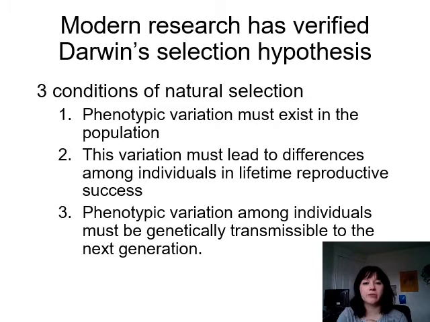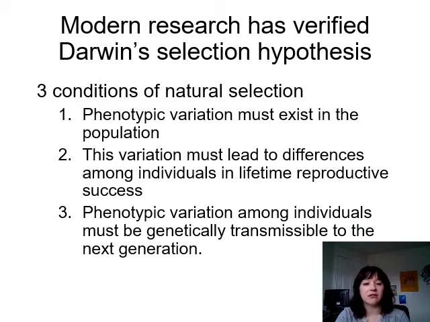So there are three main rules or conditions for natural selection to occur, and it's important that you know these. So first, variation must be present, right? So if you're going to be having evolution of beak size, that means that in that original ancestral population, there had to be some birds that had bigger beaks and some that had smaller beaks, right?